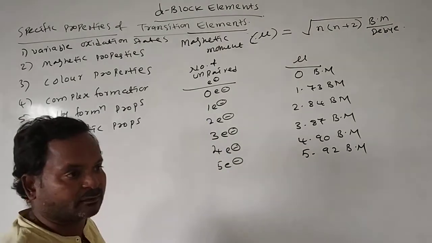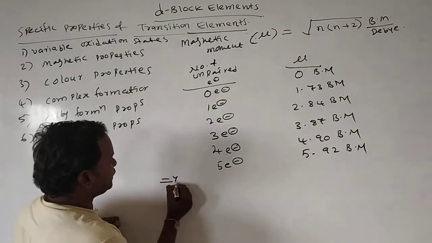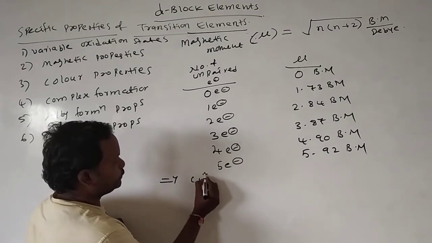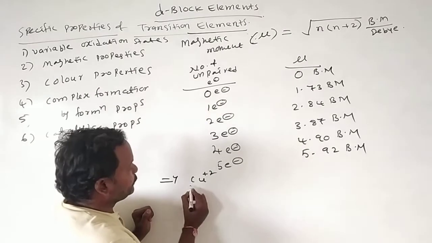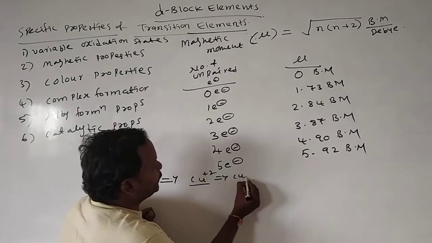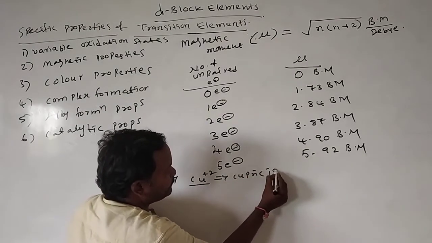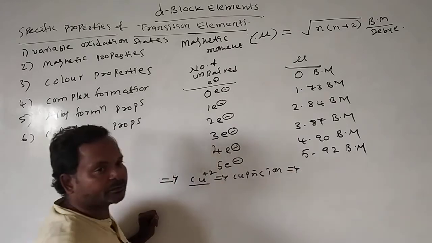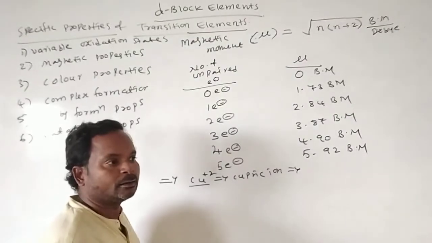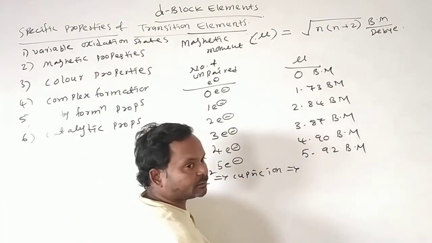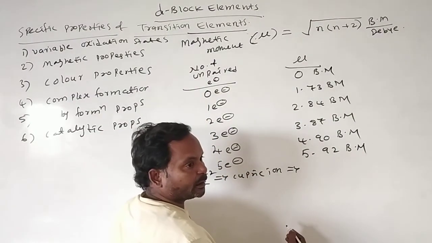Suppose, for example, I am taking Cu+2. The Cu+2 ion we call the cupric ion. What is the outermost electronic configuration of the cupric ion?